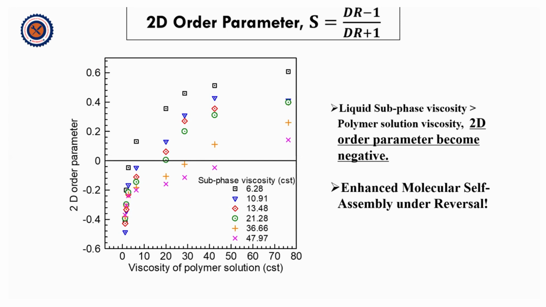So we have taken a lot of different types of polymer solutions with different viscosities and different subphase liquids, that is the lower liquid. We have tested with a lot of liquids, the upper as well as the lower liquid, and we have come to this common conclusion: if the viscosity of the upper liquid, that is the polymer solution, is less than the lower liquid, that is the subphase liquid, which in the previous slide was ethylene glycol, the orientation is in the perpendicular direction to the flow.